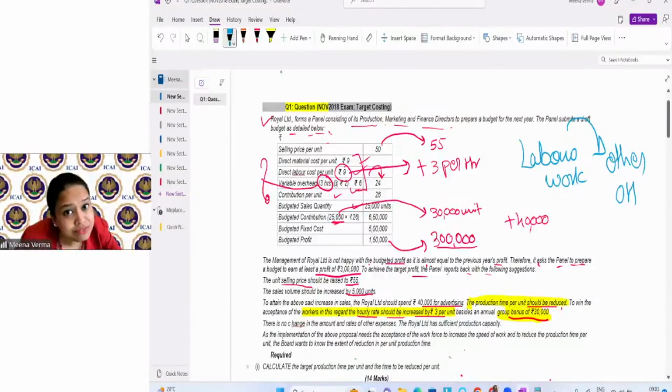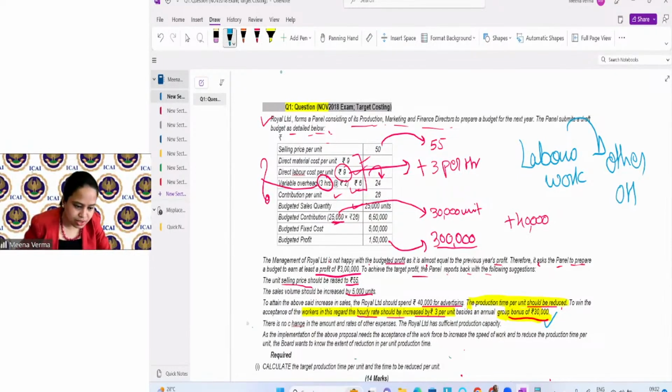If the labor saves his time, all these resources will be saved. So our focus is to save the labor time, and if the labor time is saved, other costs will also be saved. So the labor says, okay, I'm saving your time, and by saving your time, I'm saving your resources. I need a bonus for that. For that reason, the company is paying a bonus to the labor.